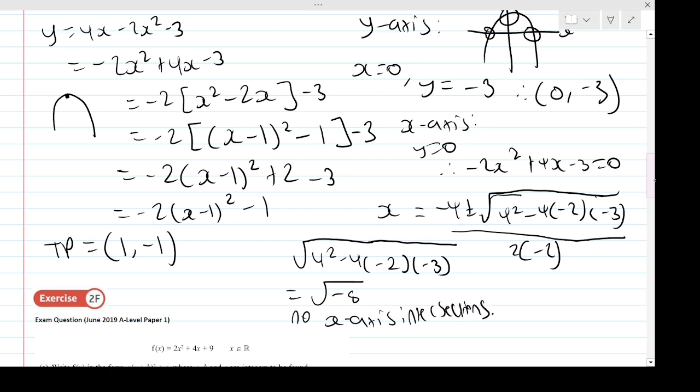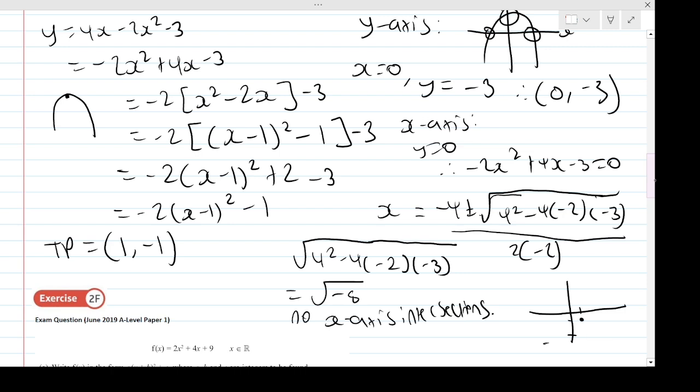So the only information we have is the turning point and the y intersection, 0, minus 3. If we piece all that together, let's do a little graph here. It crosses the y-axis at minus 3, and the turning point is at 1, minus 1. So it's going to be about there.